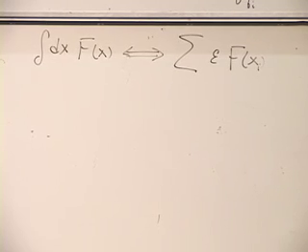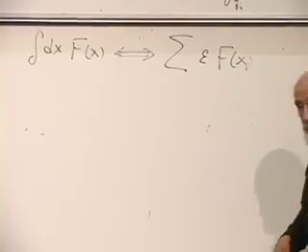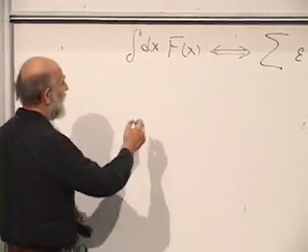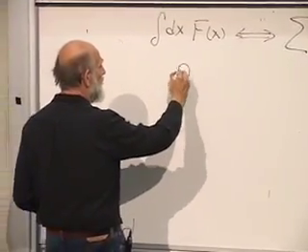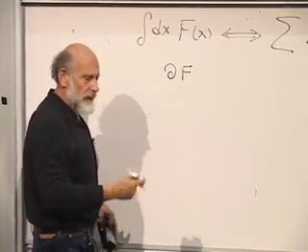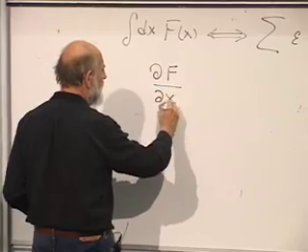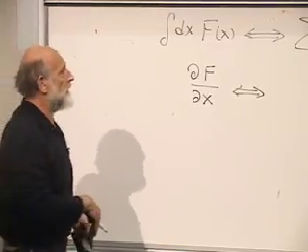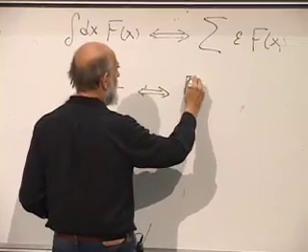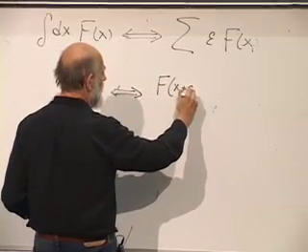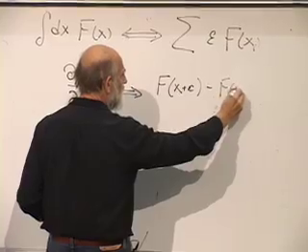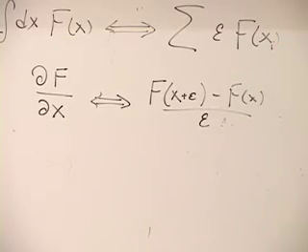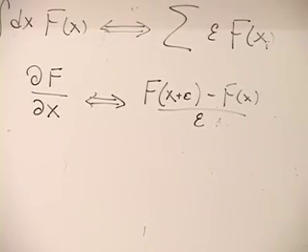So all we have to do is replace sums by integrals, and likewise replace differences by derivatives. A function df by dx is, of course, a replacement in the limit for f of x plus epsilon minus f of x, divided by epsilon. All right, we use that when we replace these things here by derivatives.